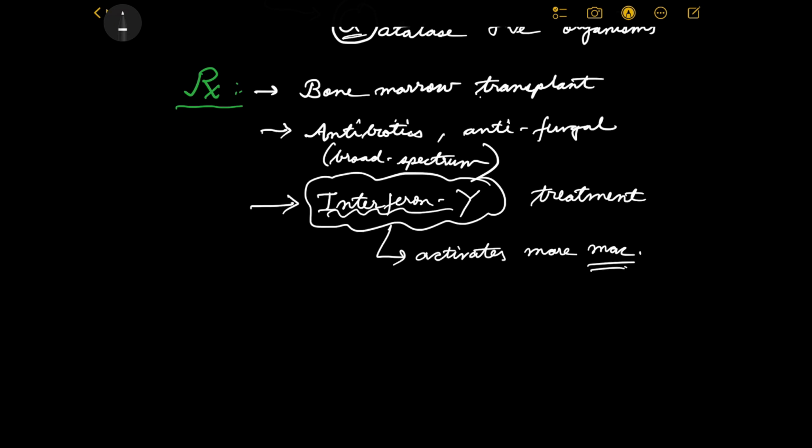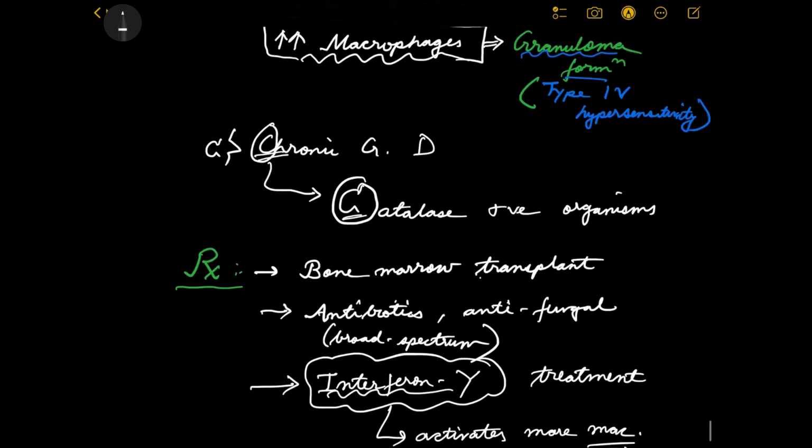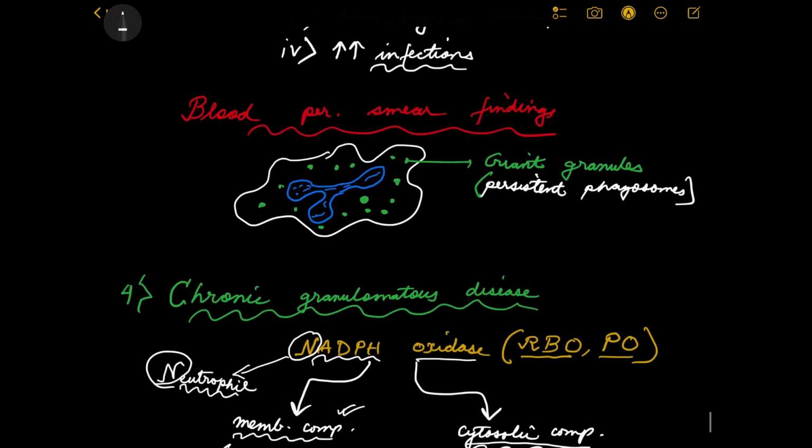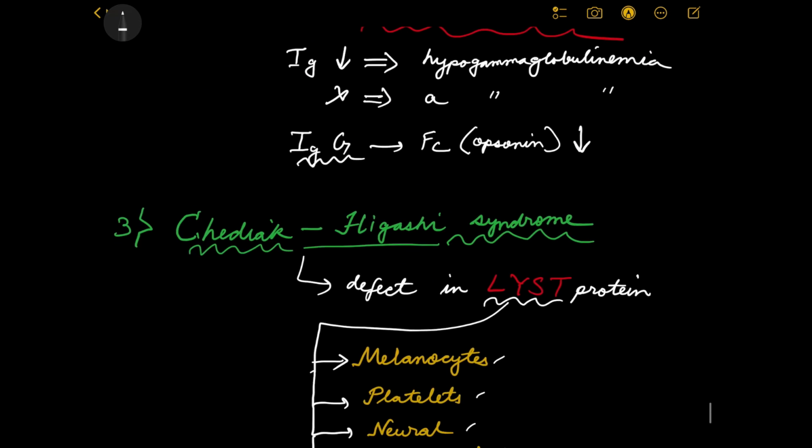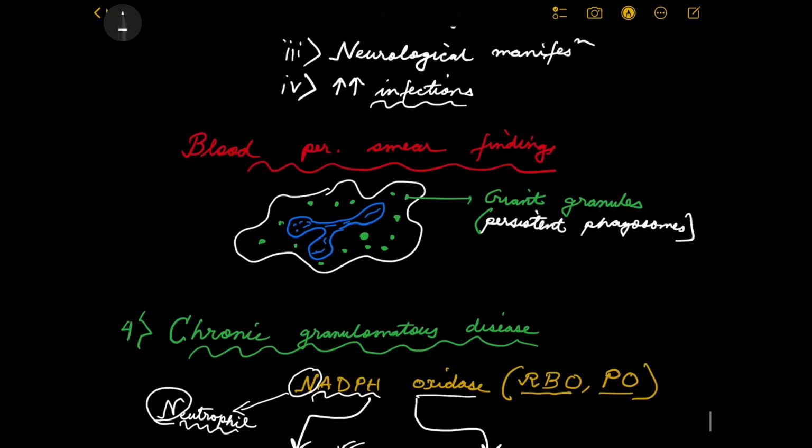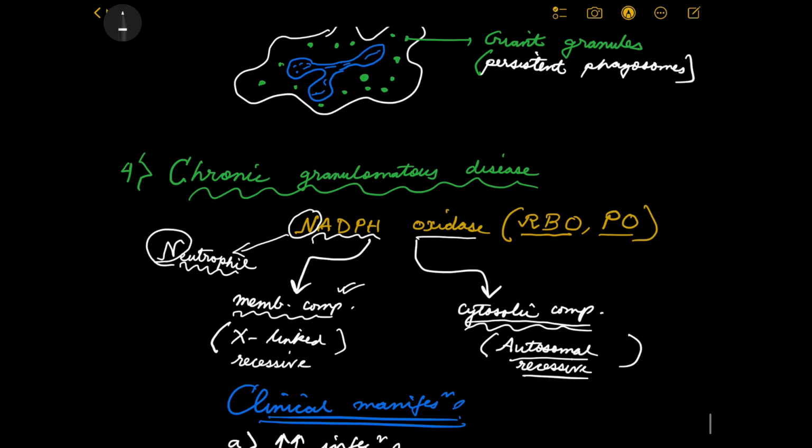We need those increased macrophages to make up for decreased neutrophils, right? So this is more or less about chronic granulomatous disease.